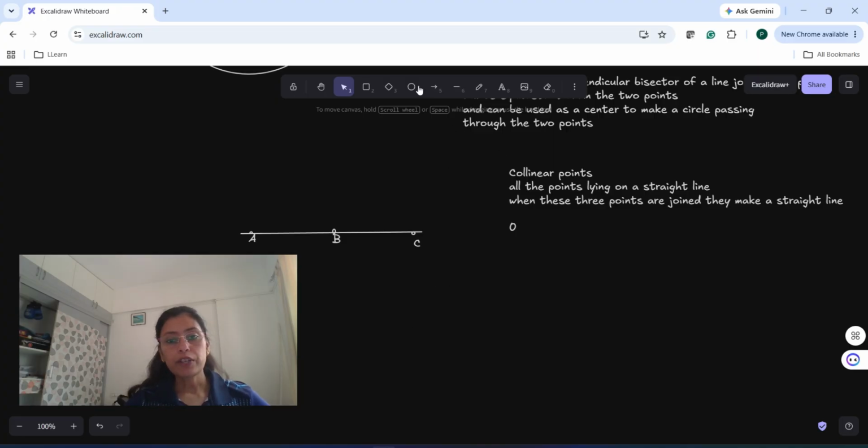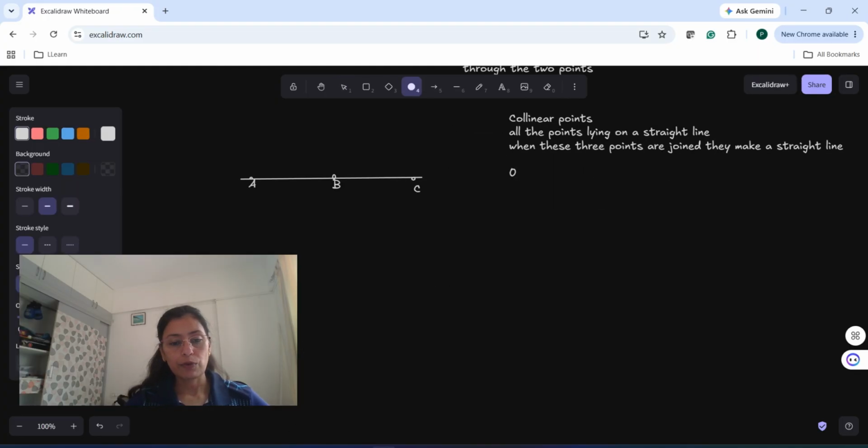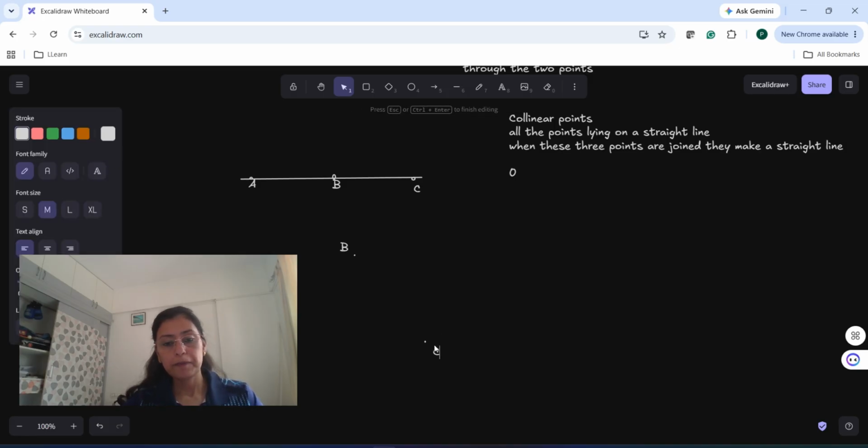But what about if they are non-collinear? For example, I have my A here, I have my B here, and I have my C here. What are these points? These are non-collinear points.